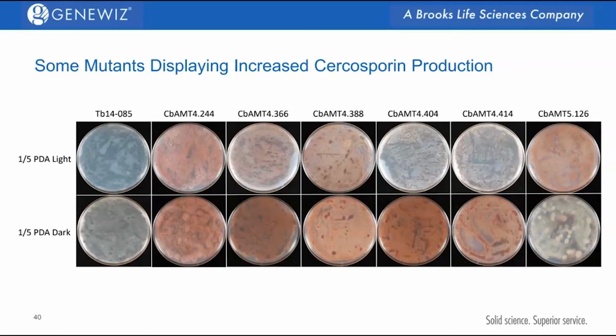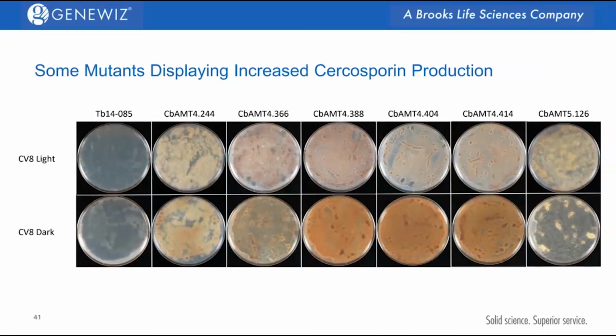But in a lot of my strains, I was able to see cercosporin production, and these strains were producing a higher amount than the wild type. I looked at both light and dark conditions on PDA and V8. As you can see, in the wild type, TB14085, there is no cercosporin production.